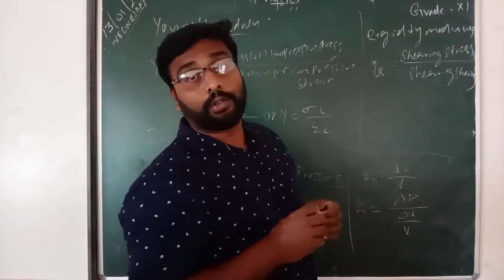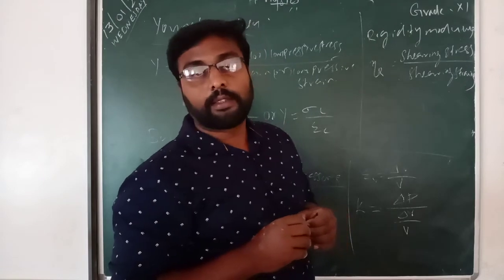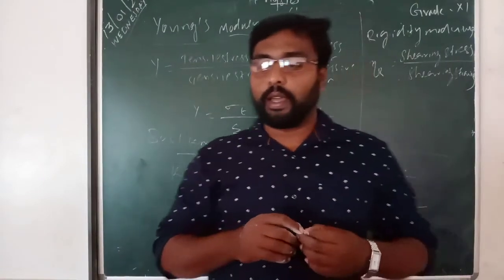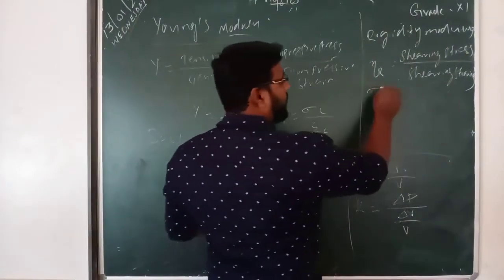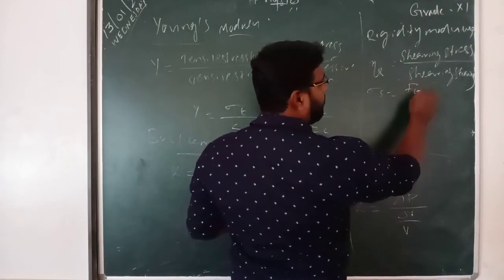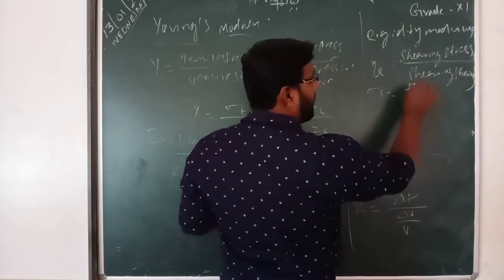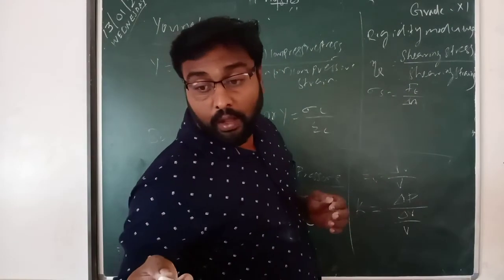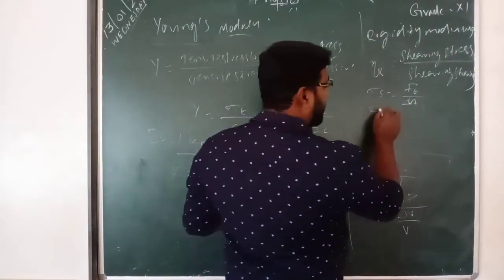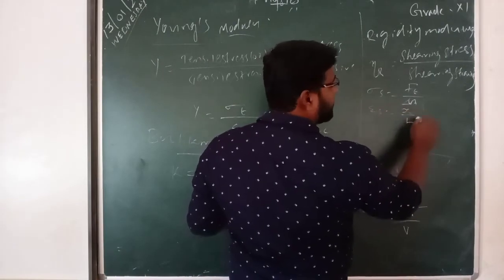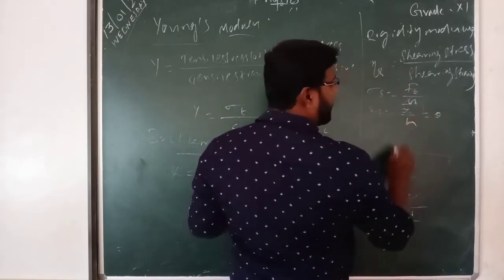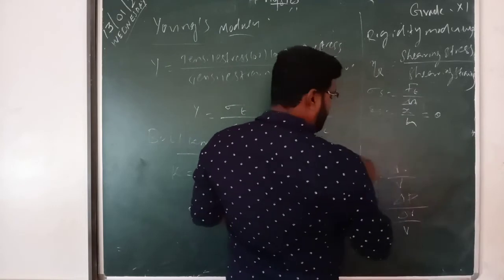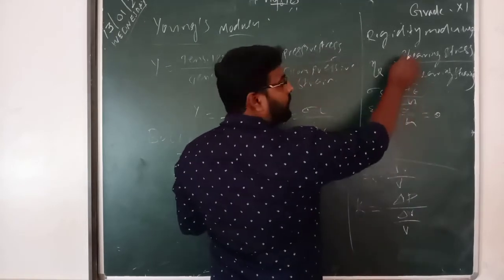Shearing stress means you know the formula. Sigma S is equal to tangential force by area, so sigma S is equal to Ft by delta A. And the shearing strain, epsilon S, is equal to X by H, equal to theta. This is angle strain. Now substitute these two in this formula.